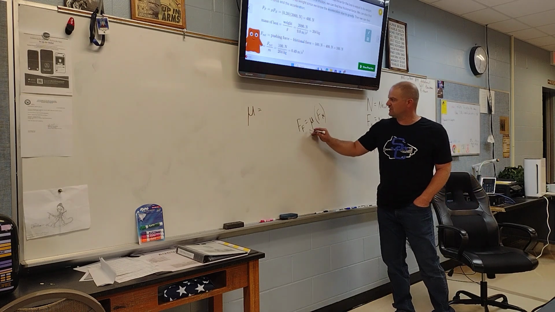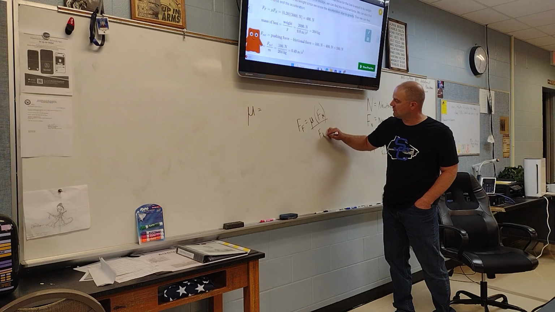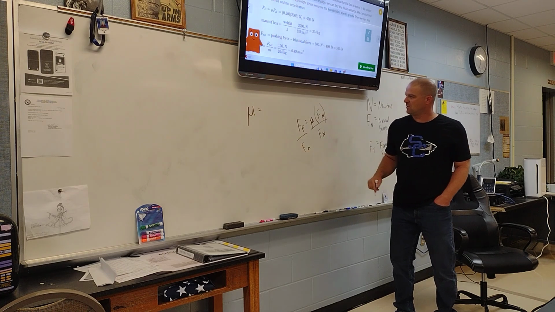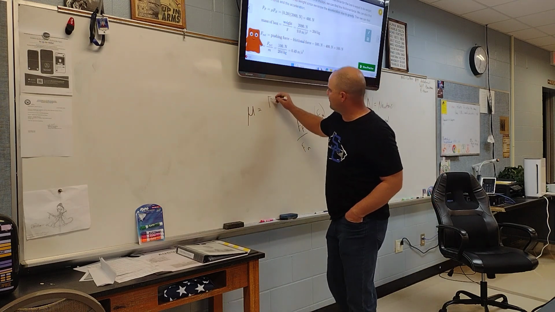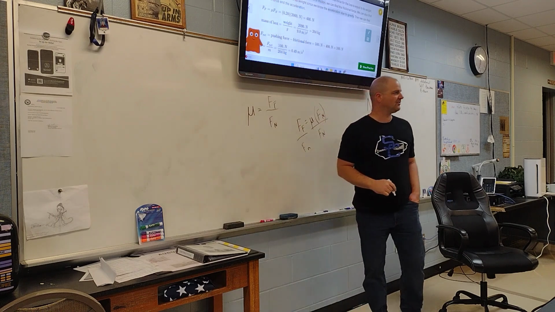What did we have to do? Didn't we have to divide out the normal force? Doesn't that mean that mu is equal to force of friction divided by normal force?